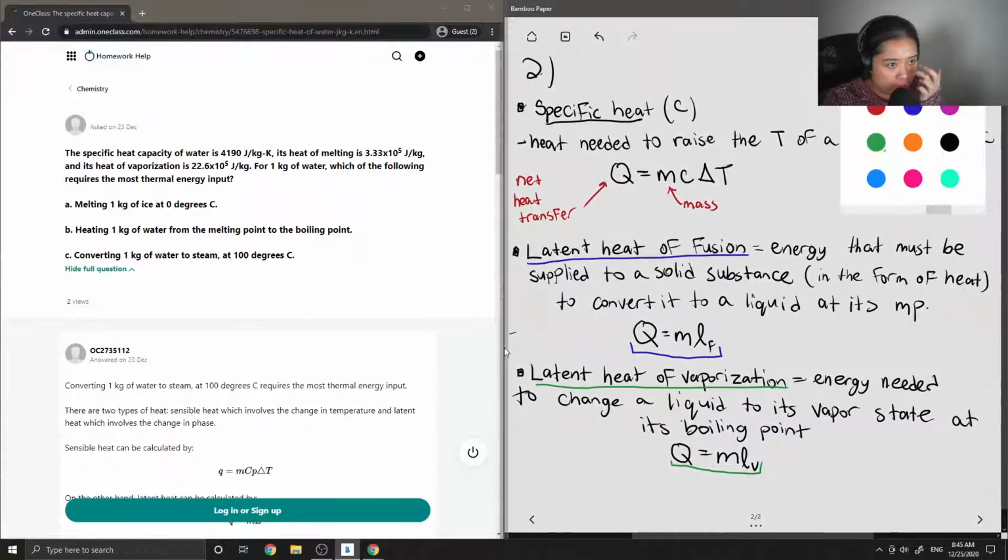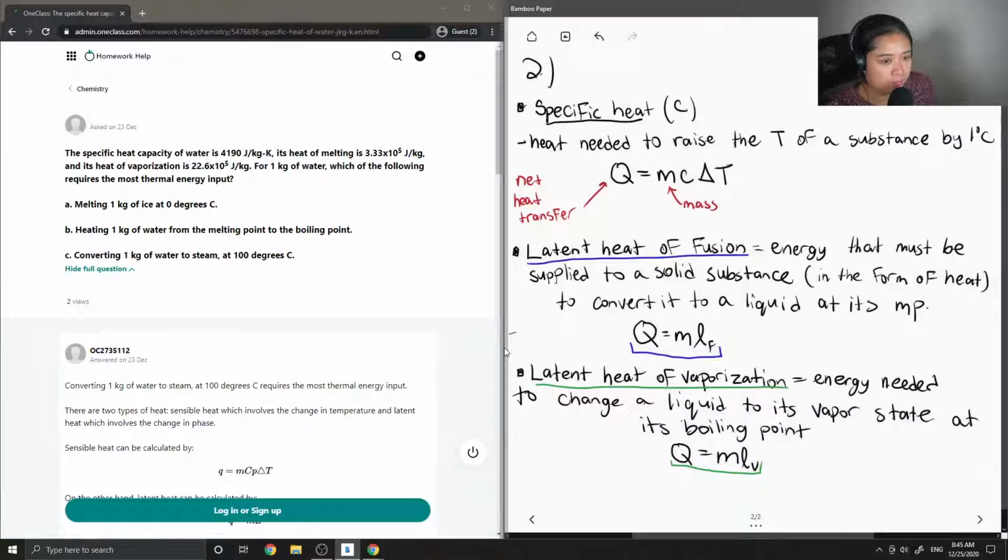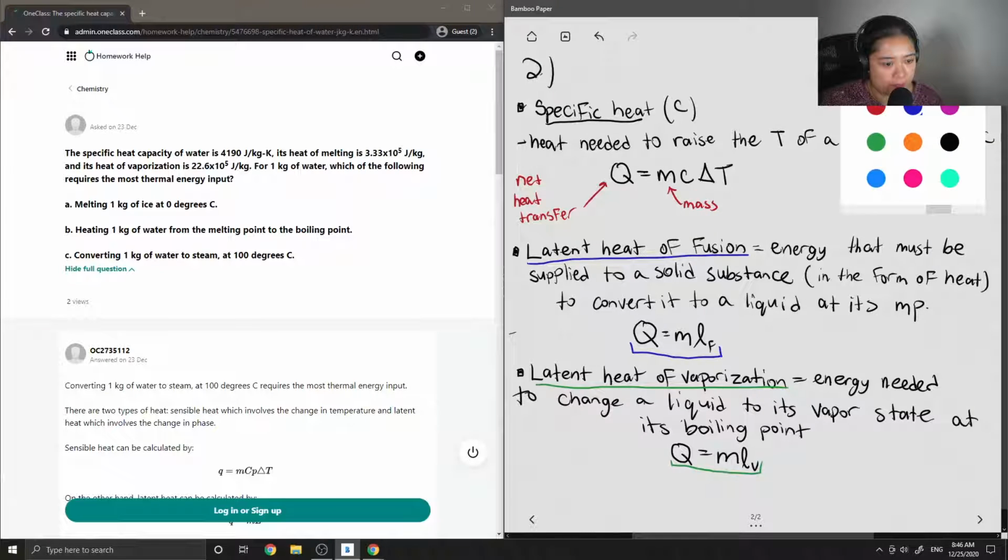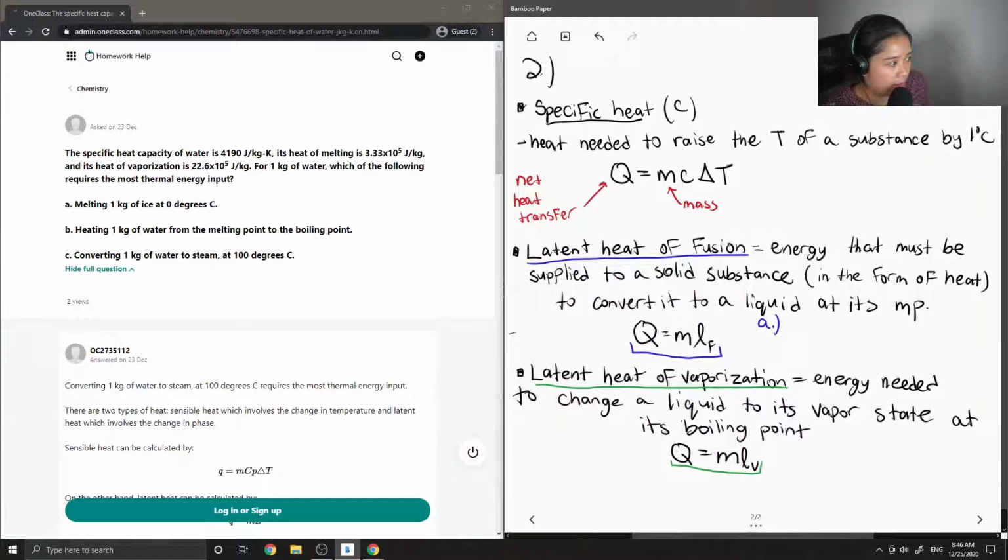Okay, so now let's look at all of our different options. For A, we would be using the latent heat of fusion, when we melt a solid and turn it into a liquid. So I'm going to write A here, melting 1 kilogram of ice at 0 degrees Celsius.